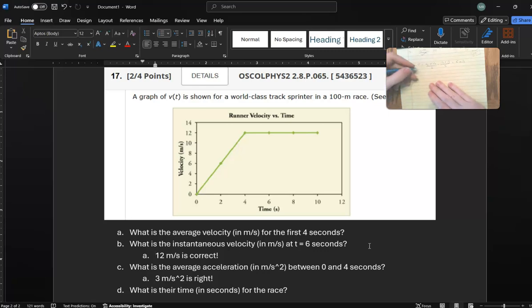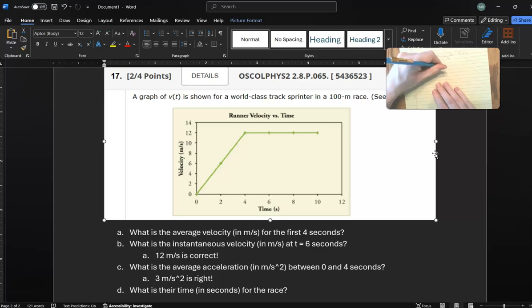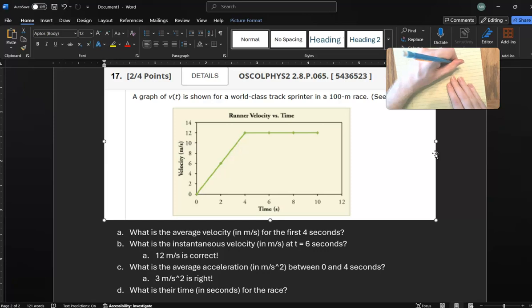So the final one is asking, what is their time in seconds for the race? In this case, we're going to talk about it in 2 separate parts: the first 4 seconds, and then the last however many seconds.